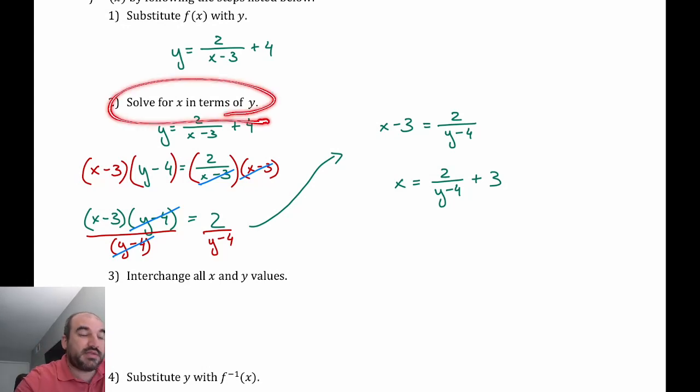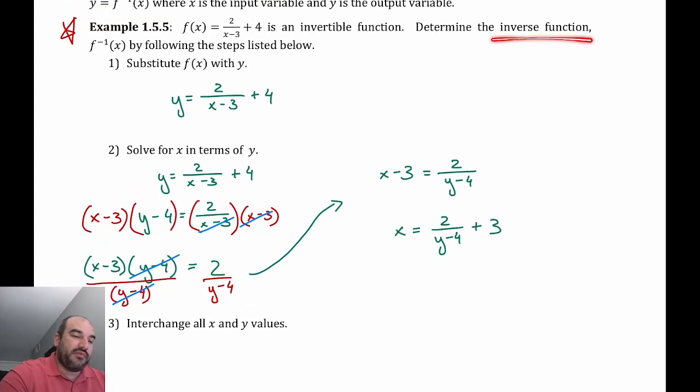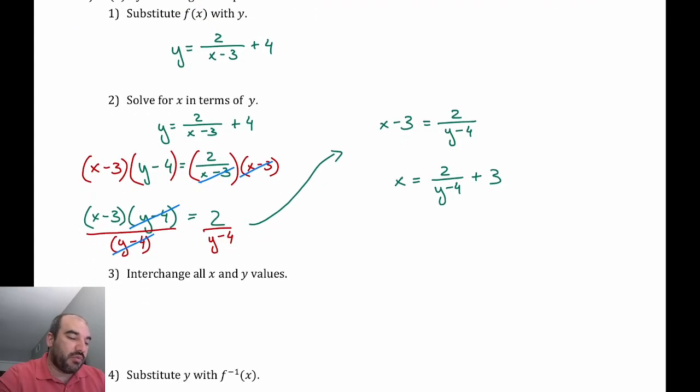And that's step 2. Step 2 is where most of the work is going to happen for this process of finding the inverse function. First step was very straightforward. We just replaced the f of x with y. Second step is where we do most of the work of switching the roles of the inputs and the outputs, right? We used to have a function where we would plug in a number for x and get a number for y out.